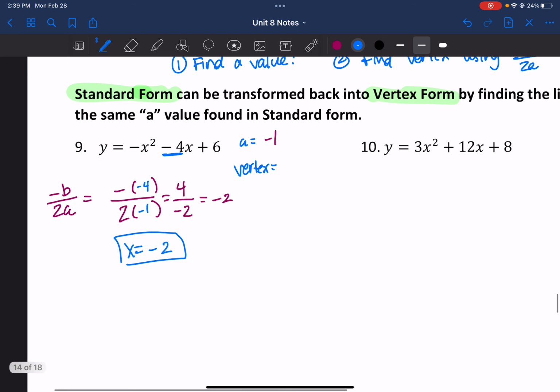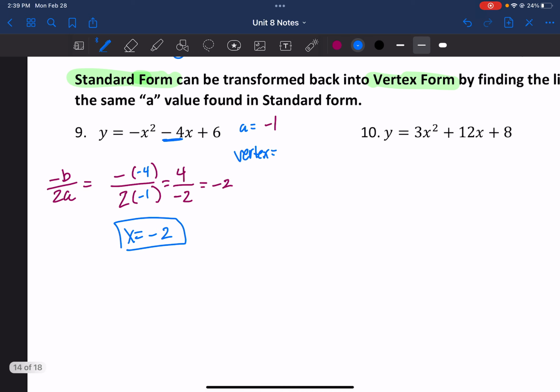I need to plug this into my function, right? So we have y equals negative parentheses, because I'm going to plug in a -2 here plus 6. So we get a -2 here, -2 here, right? And then let's go ahead and plug it in. So here's what we get. -2 squared.